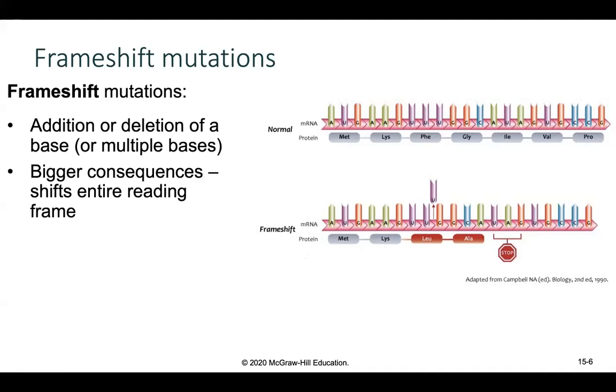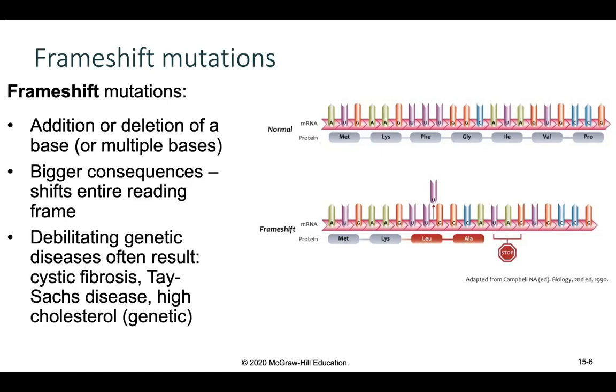Instead of continuing that, not only do we have different amino acids at these 2 points, we also arrived at a stop codon well before we got to the end of what should have been the amino acid chain. That doesn't happen all the time. It just depends on what the change is. But really significant mutations with frame shift mutations.